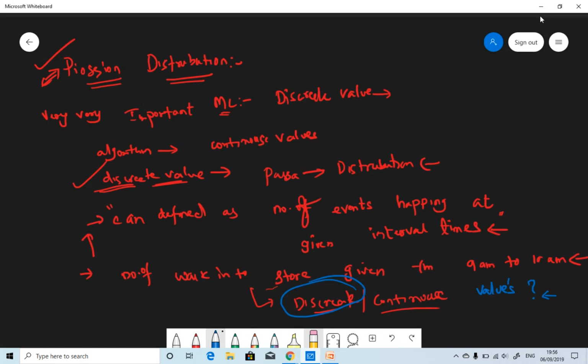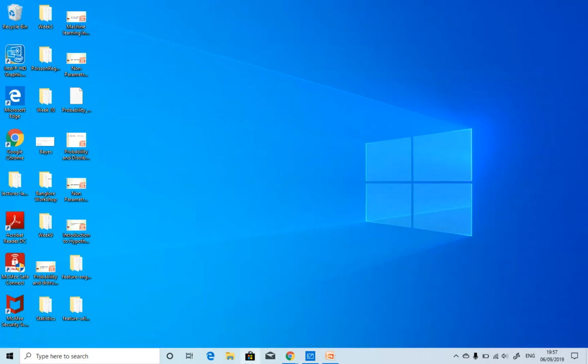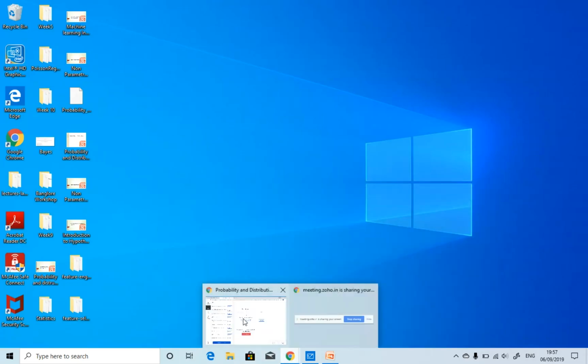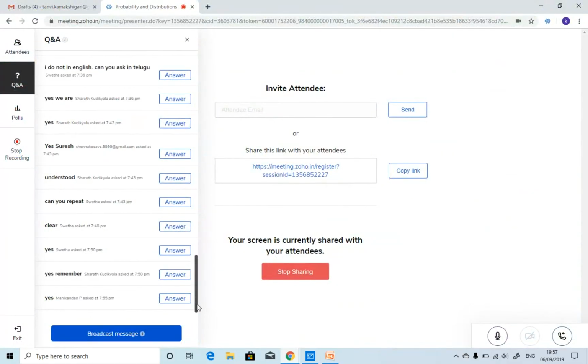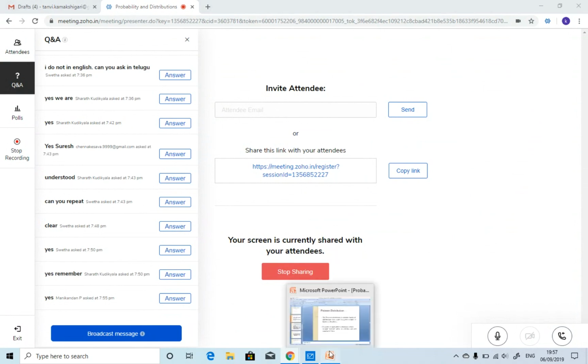We have a lot more distributions we will talk about. Clear? If you say clear, just give me Poisson distribution. Guys, noted or not noted?